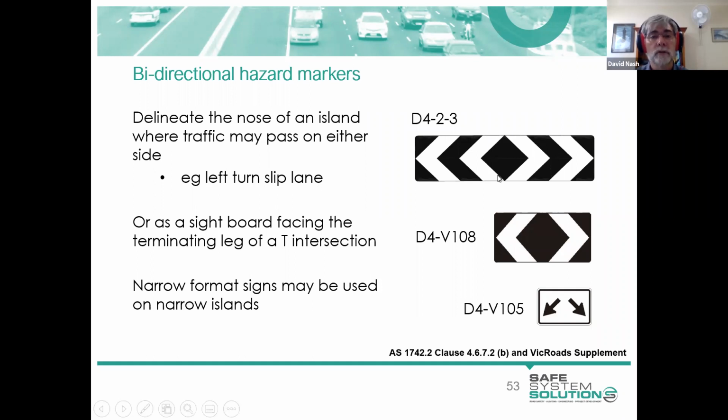A bidirectional hazard marker is the way to go. This last one has got a V prefix, which means it's a Victorian special, and there are quite a few of those, particularly on narrow noses or narrow islands where traffic can go both sides of the island.